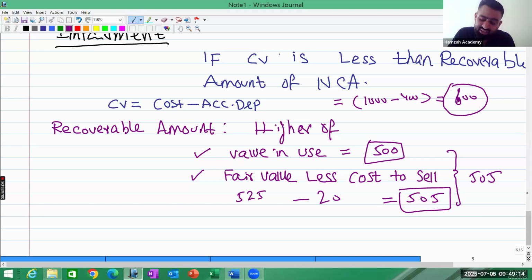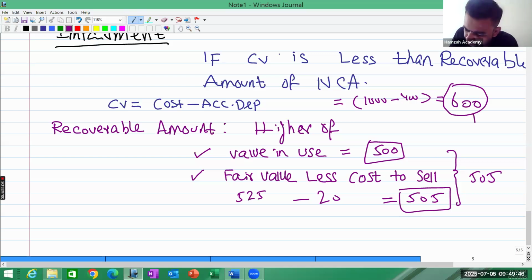So the maximum benefit you can generate from the asset is 505, but you are carrying that asset in your financial statement at 600. That means your asset has been overstated by 95, and that is against the prudence concept.